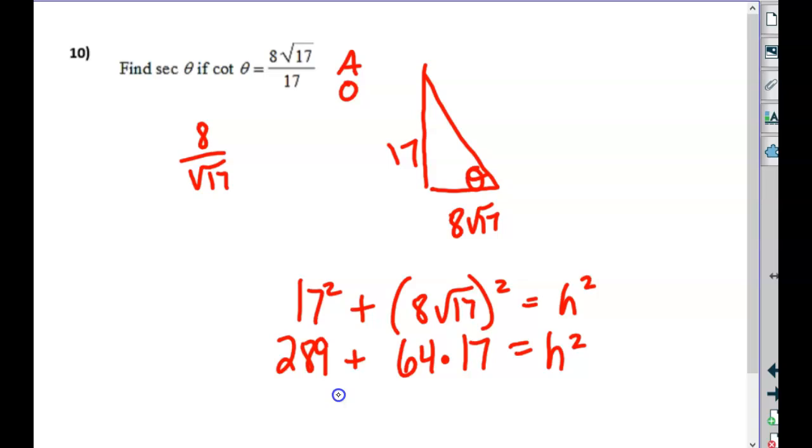Did someone else get that? Okay. Does 17 or 17 squared go in there? Oh, actually it's 81 times 17, right?